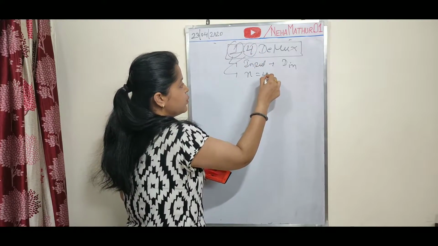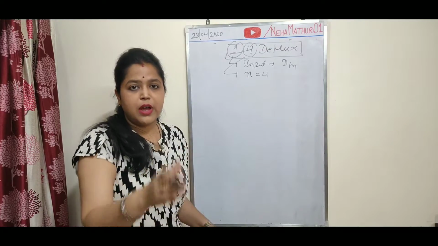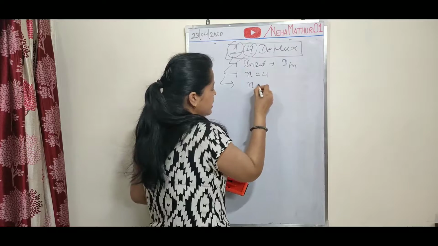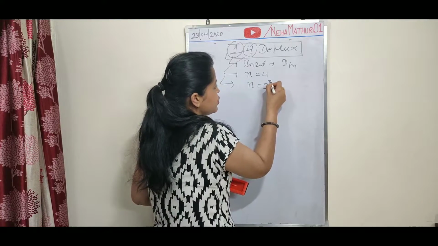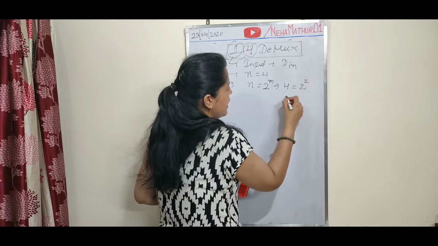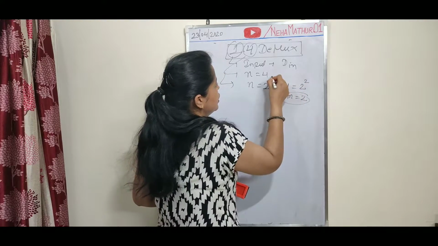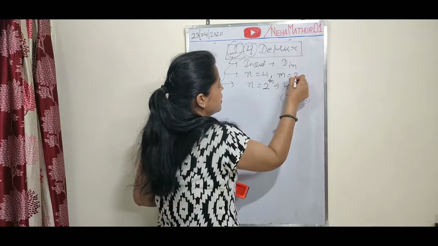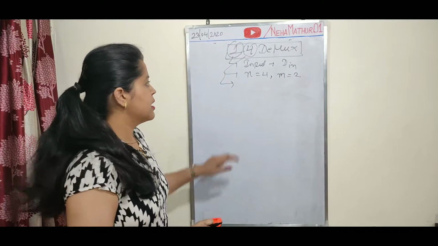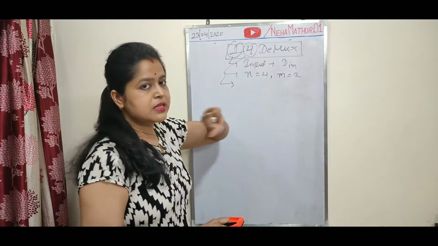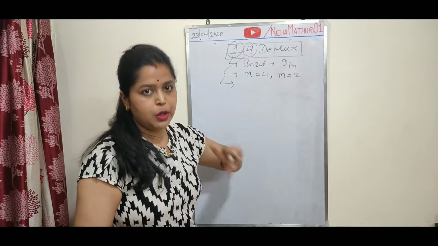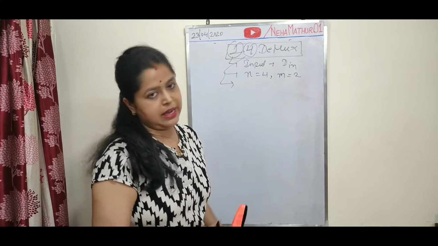That means N is equal to 4, Y0, Y1, Y2 and Y3, and by following the concept of N is equal to 2 raised to the power M, you can easily find out that M is equal to 2. So for 1:4 demux, N is equal to 4, that means number of outputs, and for 4 outputs you will have 2 selection lines.